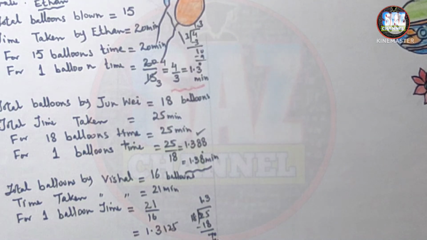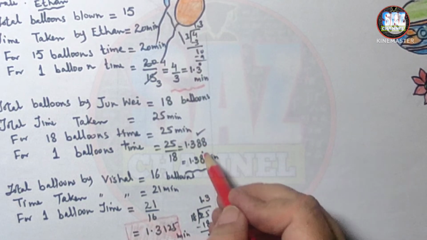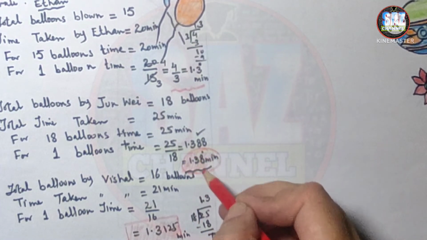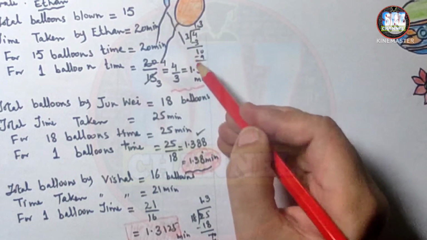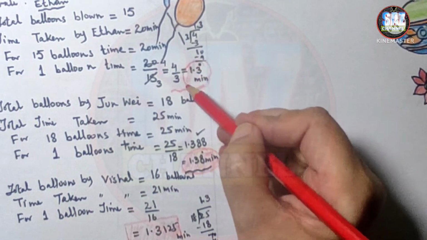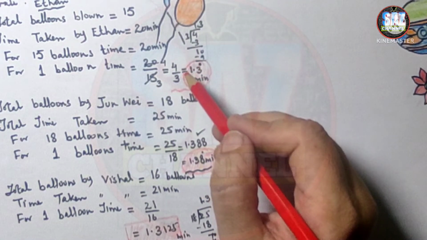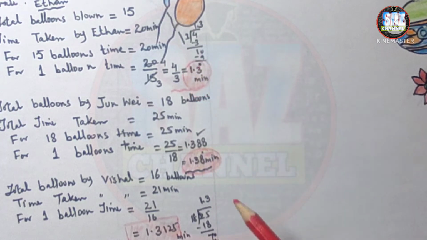Now let me underline all 3 times, in minutes, and this is Vishal's time. Let me highlight this so that my students can see this clearly. 1.3125, and Janvi is taking 1.38 minutes. The question was, who can blow the balloons at the fastest rate?